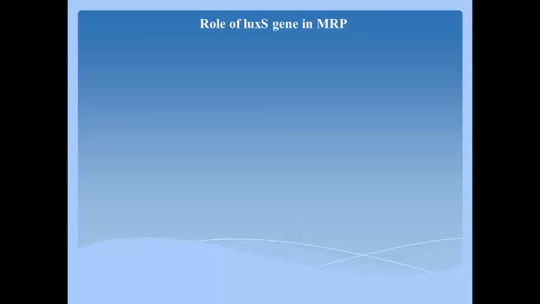Authors wanted to identify the molecular mechanism of this inverse relationship between population density and mutation rate. luxS is a quorum sensing gene in bacteria and is responsible for various density related behaviors. So authors wanted to identify the role of luxS in MRP.